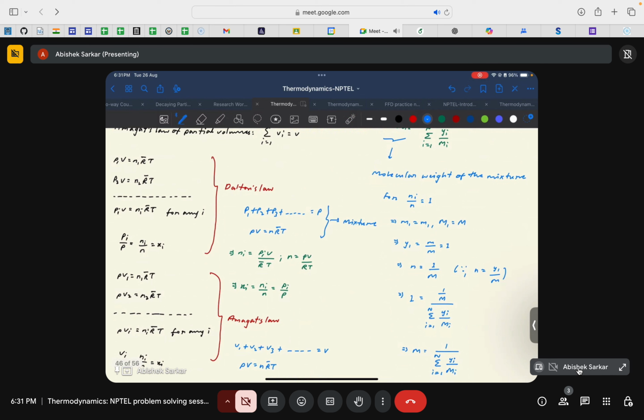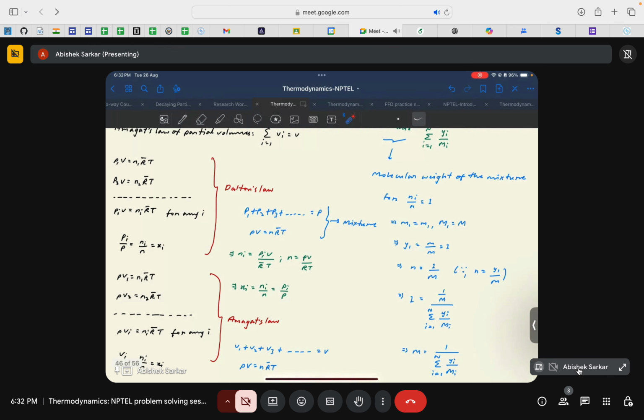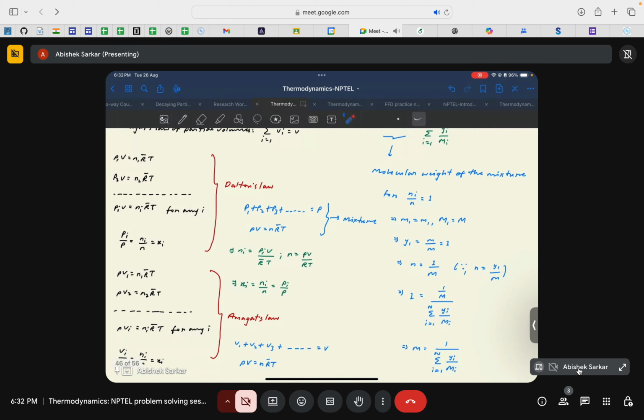Now if we divide these two equations with each other, in terms of the number of moles, Ni will be equal to Pi times V divided by R̄T, and N would be equal to PV by R̄T.